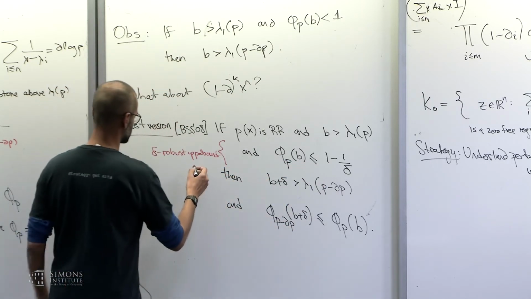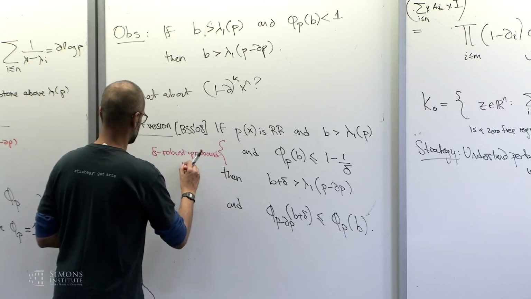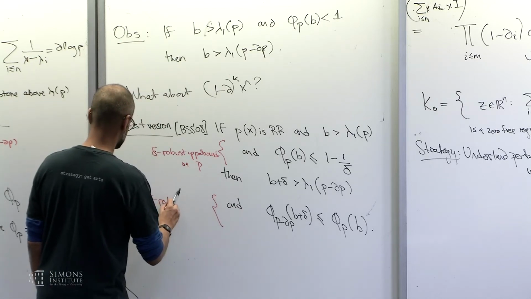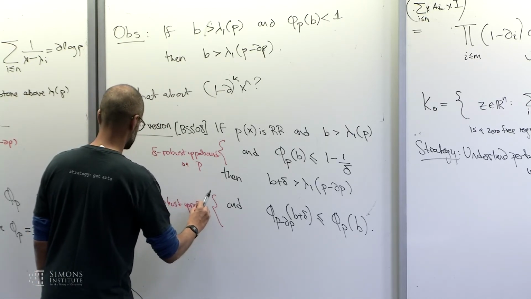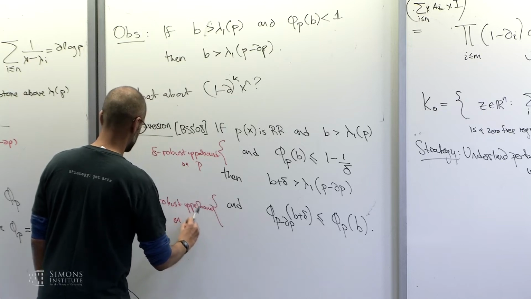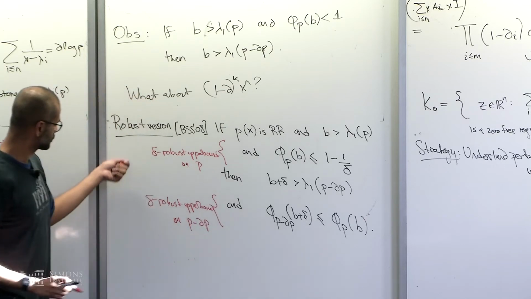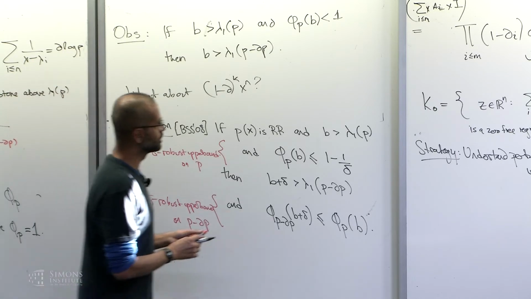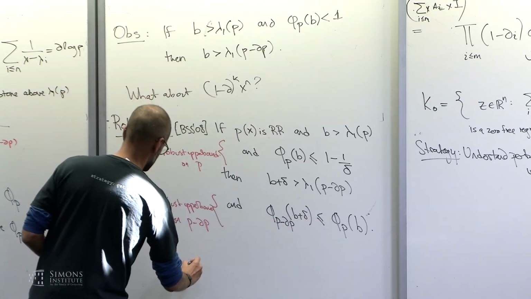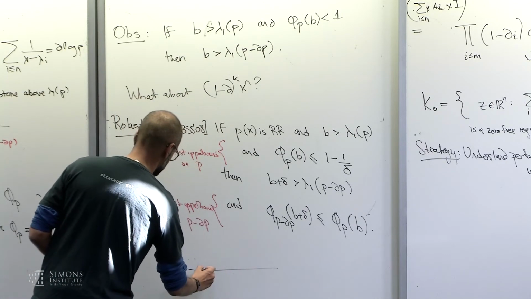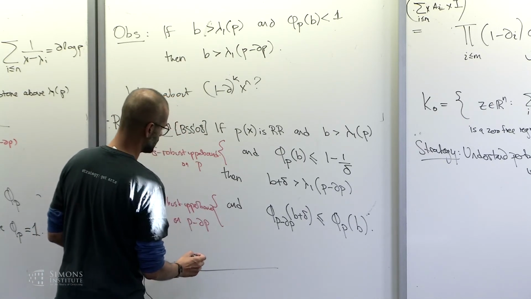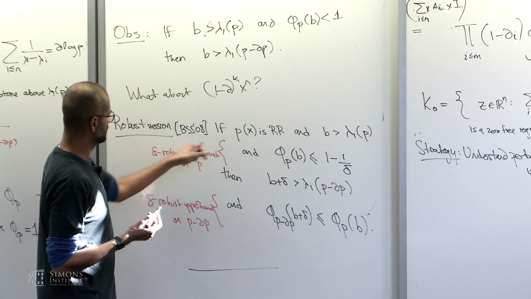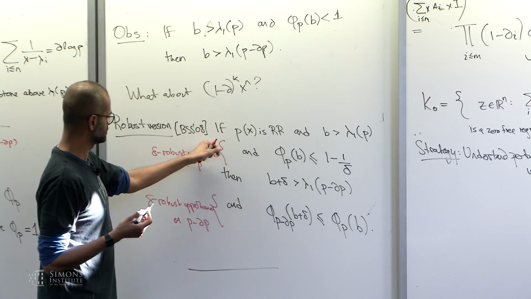So this is a delta robust upper bound on P, and this is a delta robust upper bound on P minus its derivative. And now this is good because you can induct. If you have a lemma like this, you can start with some polynomial and a delta robust upper bound on its roots for some appropriately chosen value of delta.